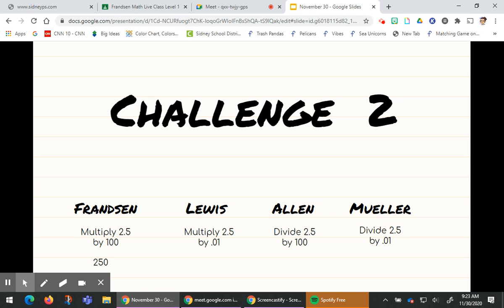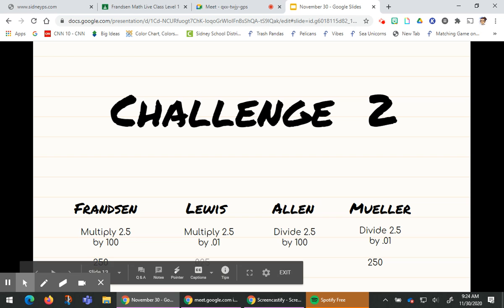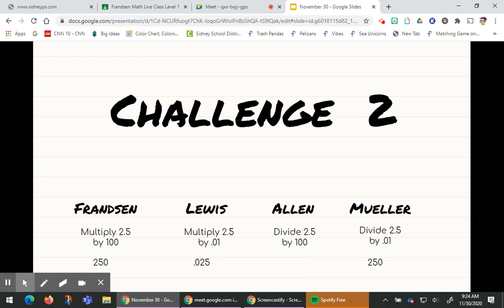Mrs. Mueller's answer in her class should be exactly the same, 250, because multiplying by 100 and dividing by 1/100th is the same thing. Okay? And then the opposite is true for Miss Lewis and Miss Allen. Their answer is going to be 0.025. The decimal moved 2 places to the left. Okay?